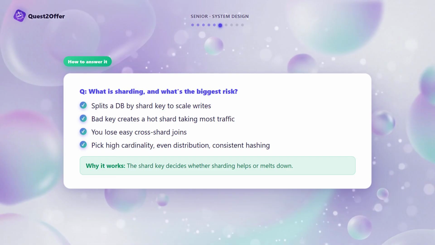The biggest risk is a bad key that creates a hot shard, where one partition takes most of the traffic. You also lose easy cross-shard joins. Pick a key with high cardinality and even distribution, and consider consistent hashing so adding a shard doesn't reshuffle everything.